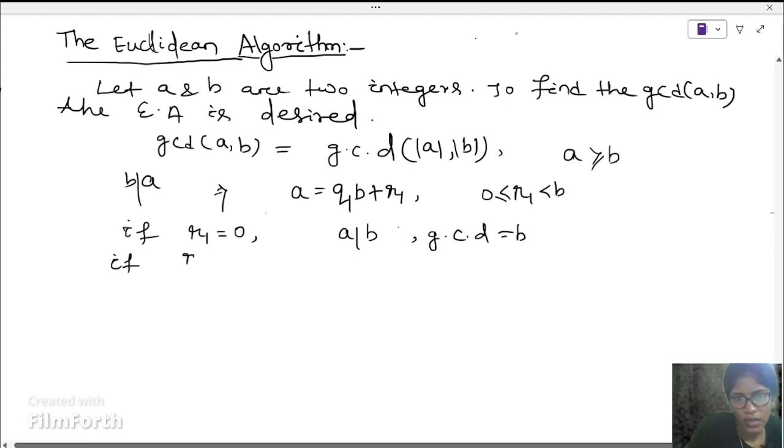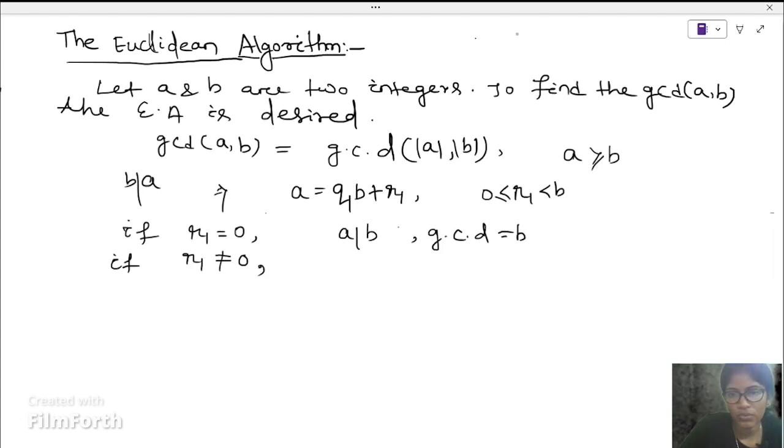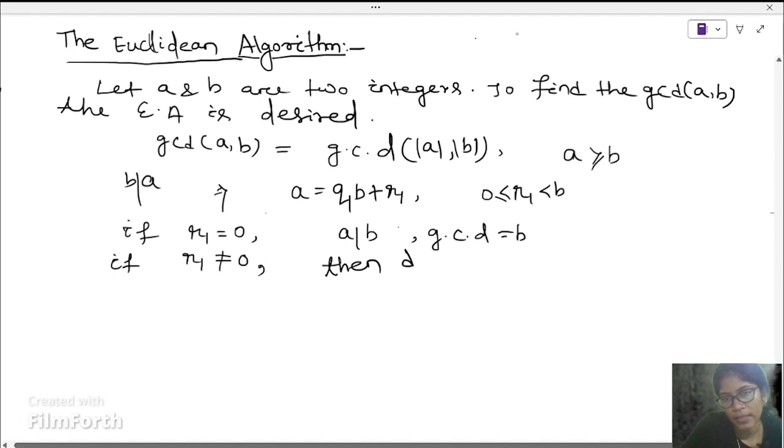If r1 is not equal to 0, then divide b by r1.